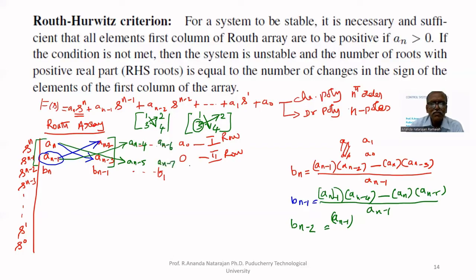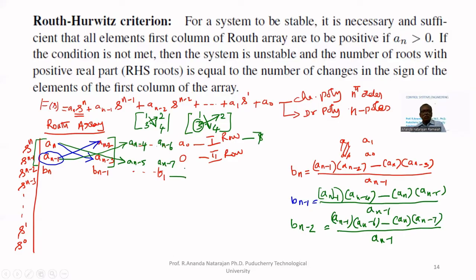Here an minus 7 multiplied by an minus 6 minus an multiplied by an minus 7, whole divided by an minus 1, etc. Suppose in the first row 8 elements are there, then in the third row you will get only 7 elements. Suppose 7 elements are there, then you will get 6 elements, like that. One short of the first row you will get.